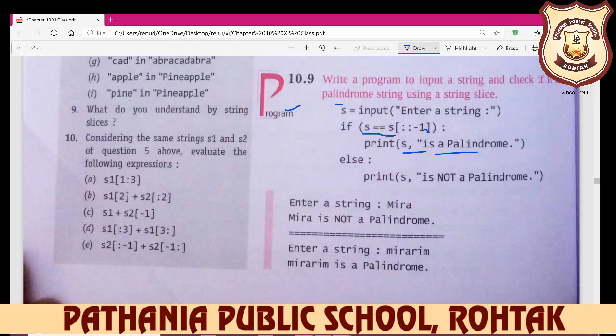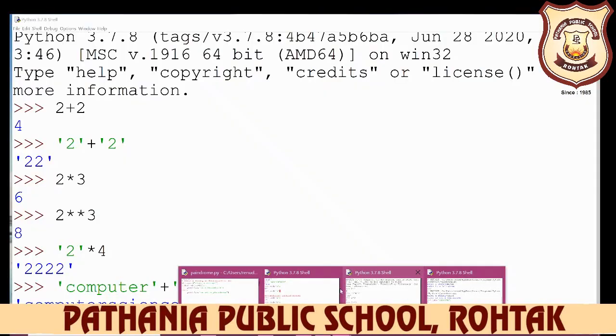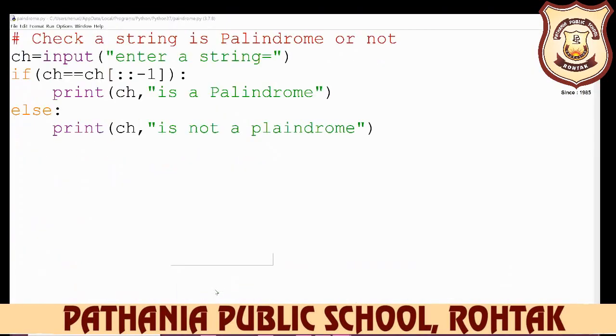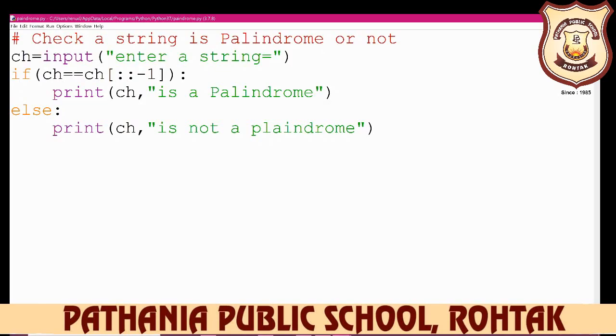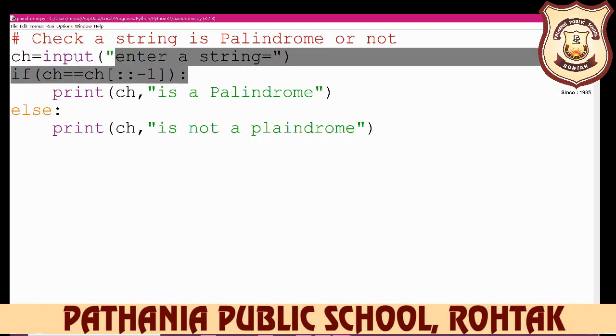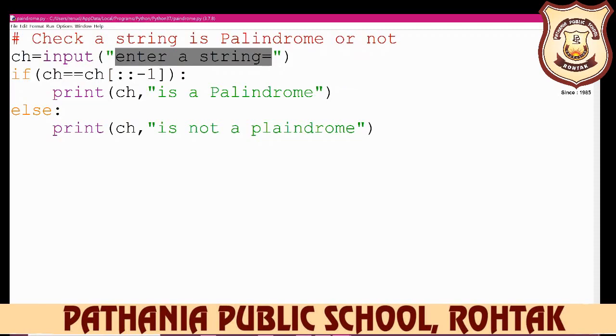Okay, so we do the practical of this program. See beta, here we take one variable named s and we use the input function here, enter a string. So here we input a string, and if s is equal to s[::-1], it checks it is a palindrome, otherwise it is not a palindrome.